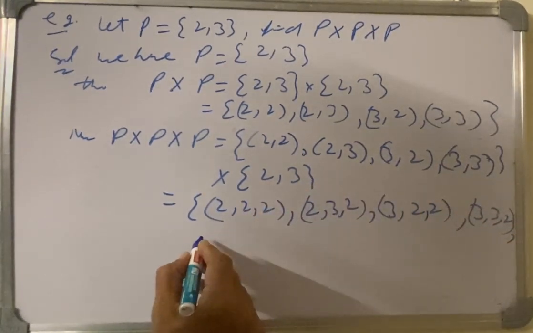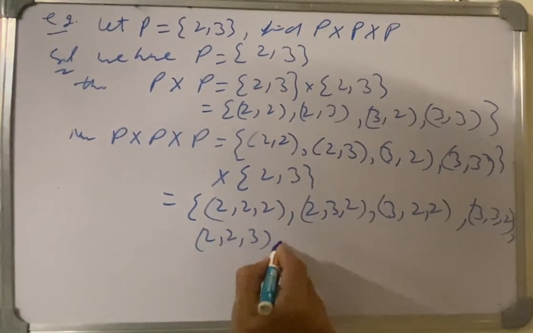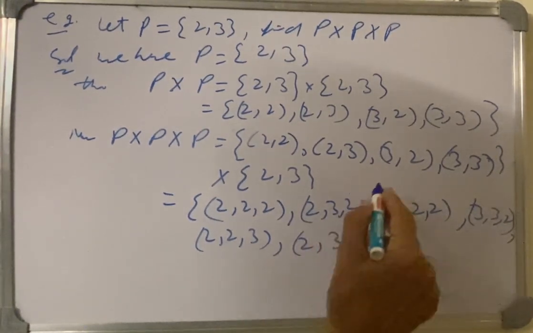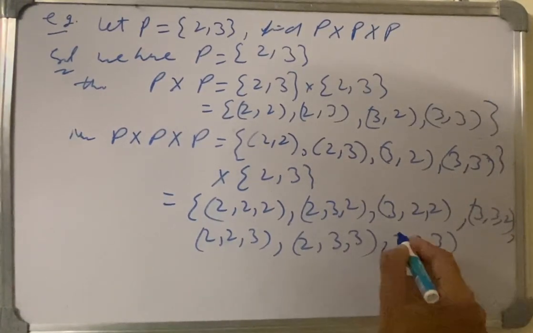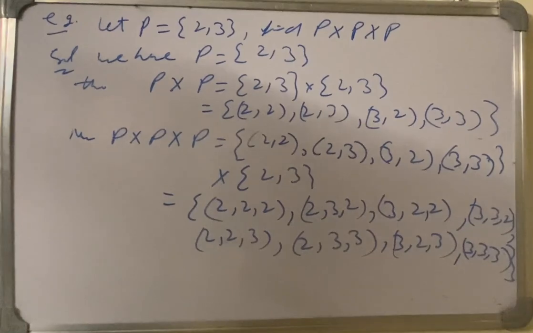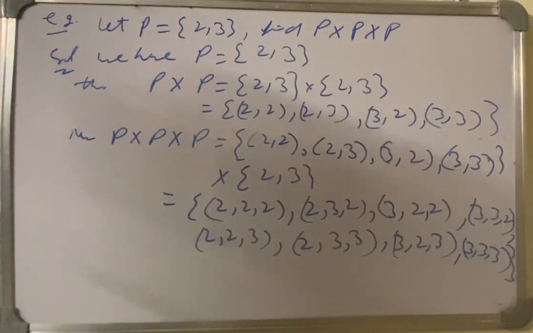Next, (2, 2, 3), (2, 3, 3), (3, 2, 3), (3, 3, 3). So this is the Cartesian product of triple P.